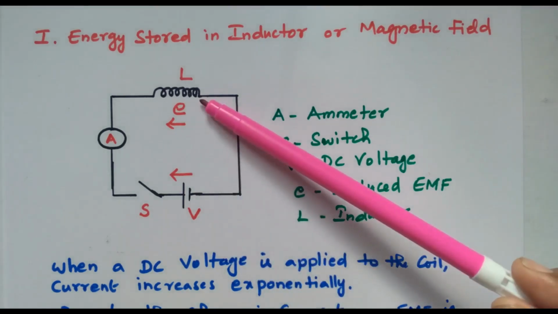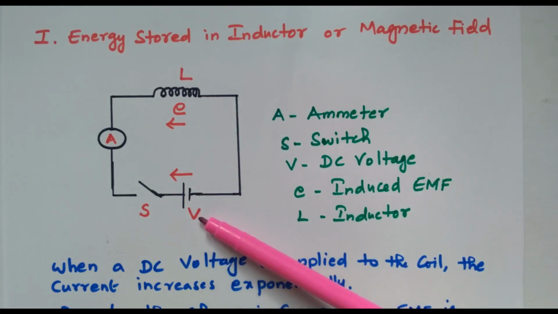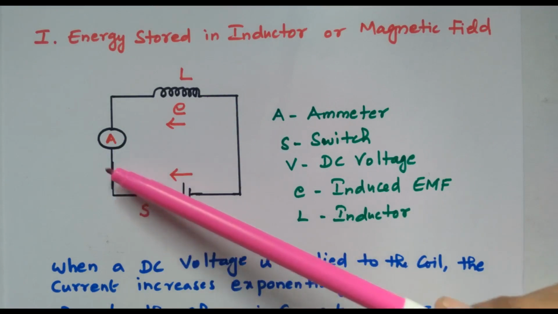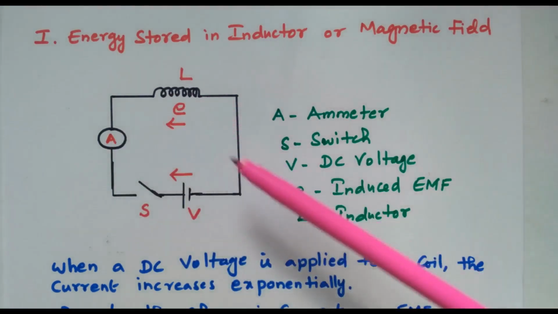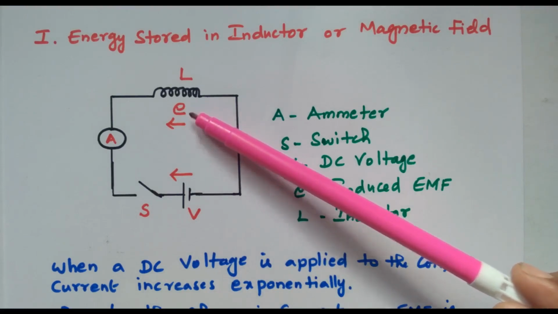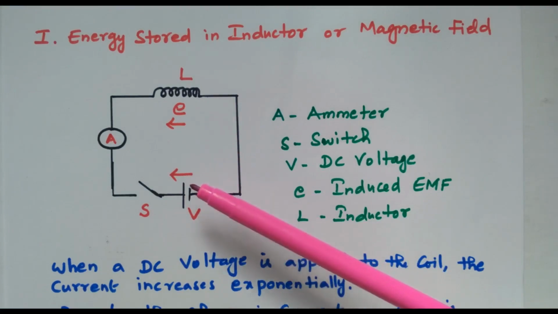Right? So an inductor is available energized with the DC supply through the switch and ammeter. When the DC supply is given, the current will be flowing through the inductor. Due to rate of change of current, EMF is induced in the inductor. That EMF will oppose the supply voltage.